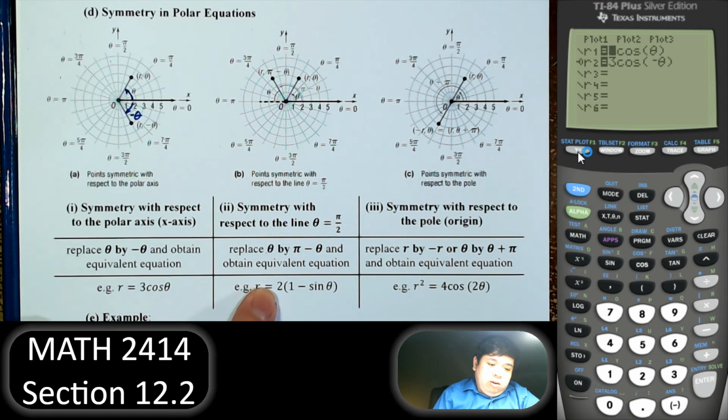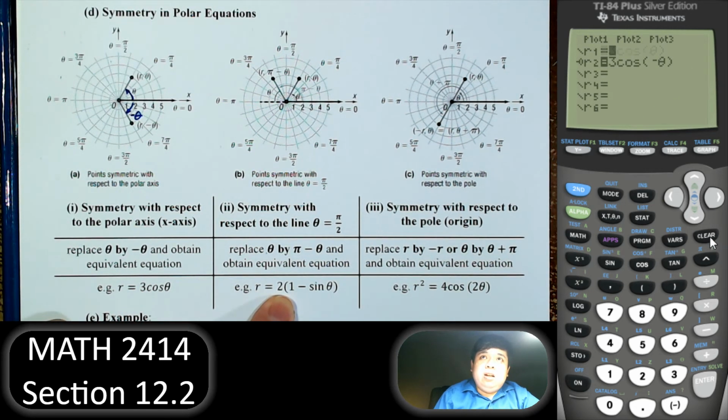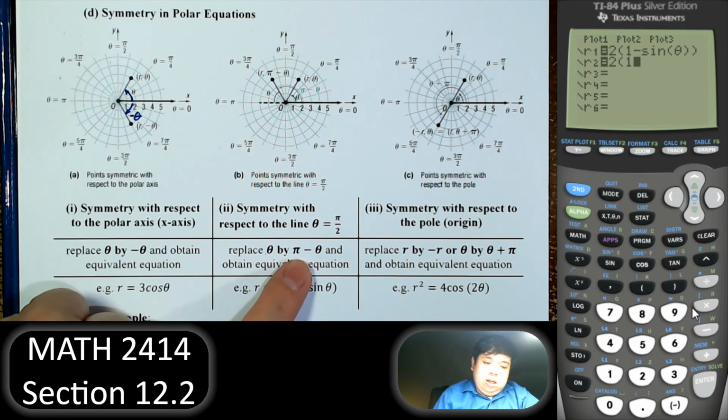Right. How about this? r equals 2 times 1 minus sine theta. Now if we replace sine theta with pi minus theta, we should have the same graph. 1, 2, right?